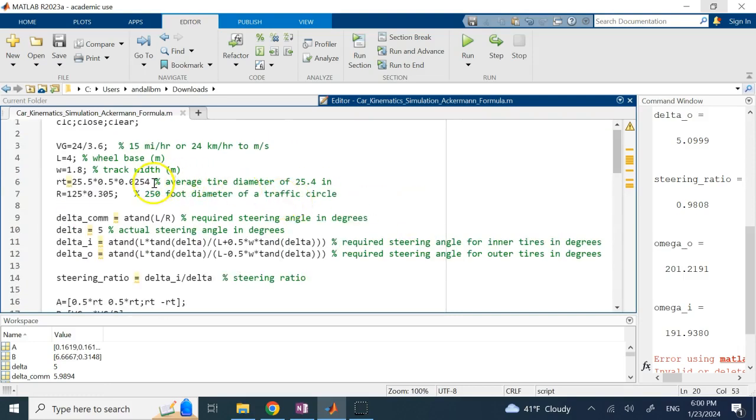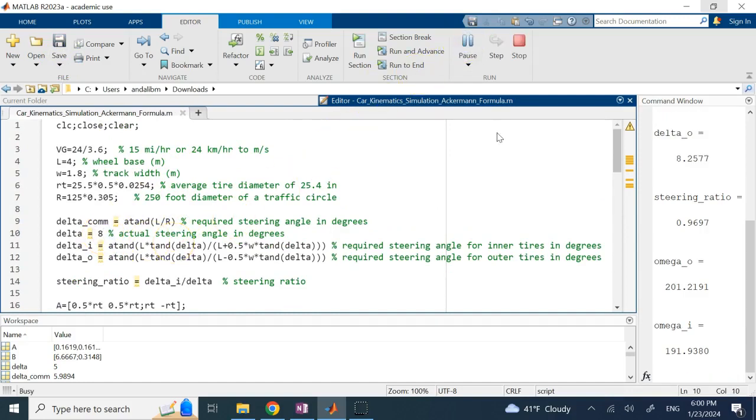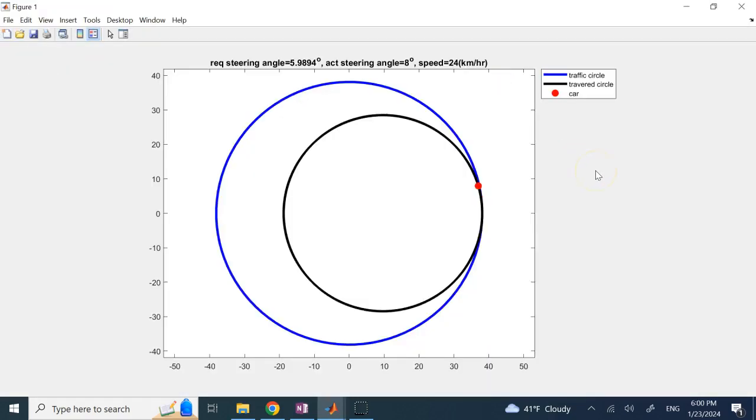Okay, so here is very interesting. Now you might say, what if instead of 5 degrees, you go 8 degrees? Instead of commanding 6 degrees, now you turn a little bit more. You turn 8 degrees. Well, see what happens. Of course, you're going to go on a smaller circle. Look here. The blue is the real one that you want to go, but now you're going to go smaller.